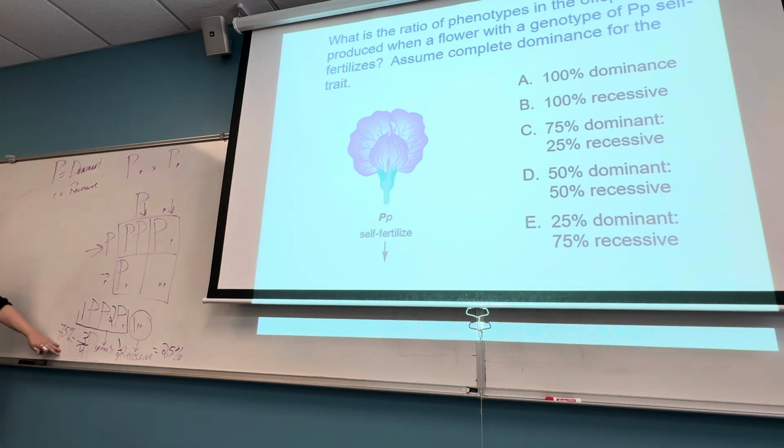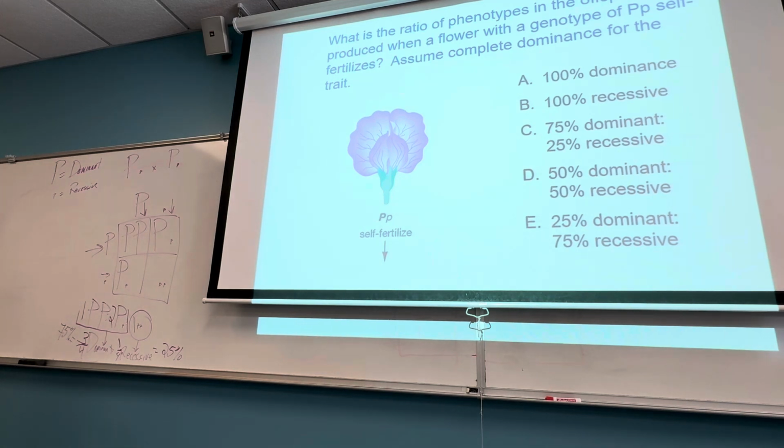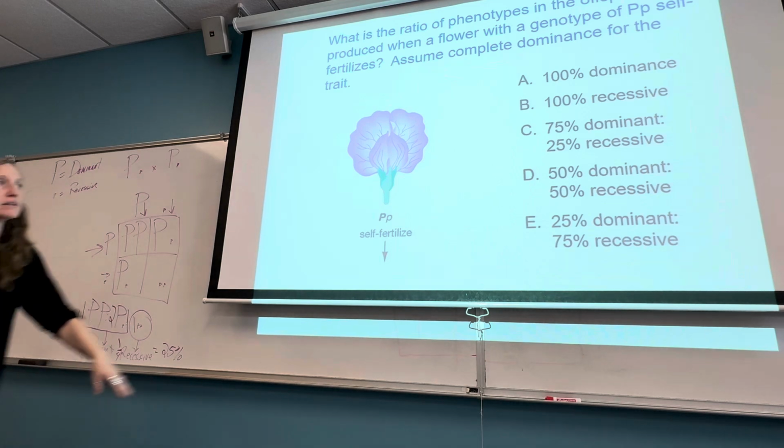So what this means is each of our offspring has a 75% chance of being dominant and a 25% chance of being recessive. So where's our 75-25? C. Good, C. So C is correct.